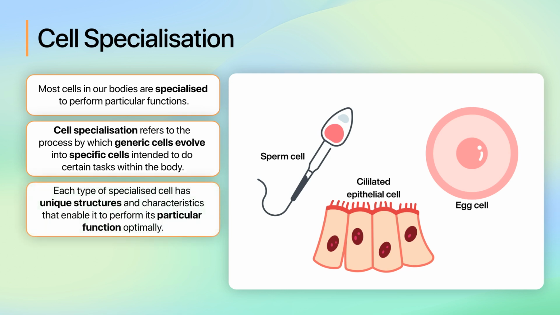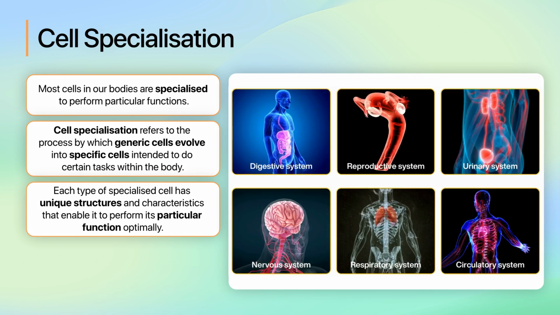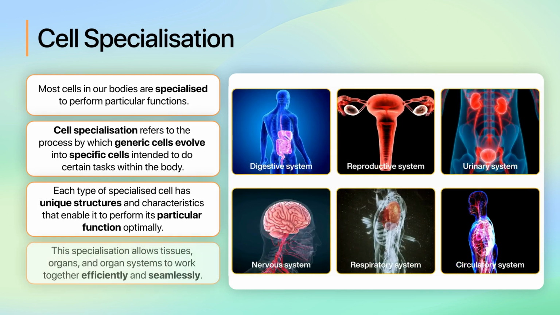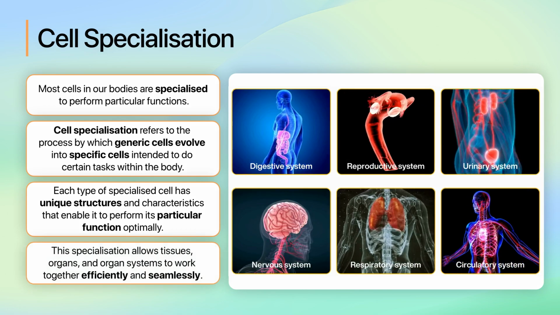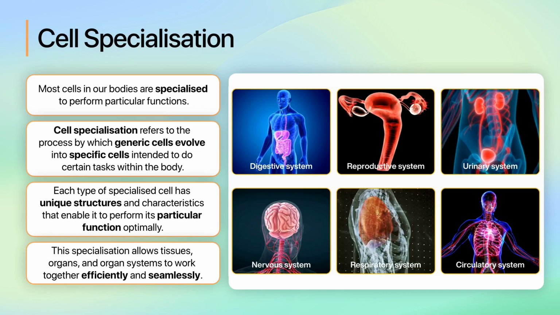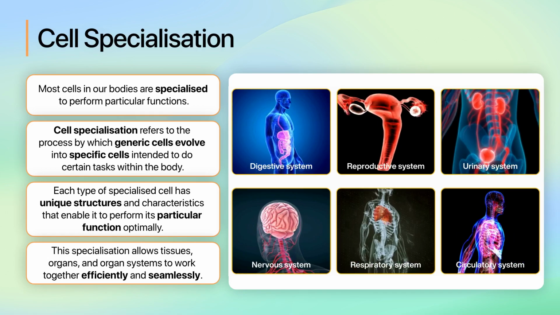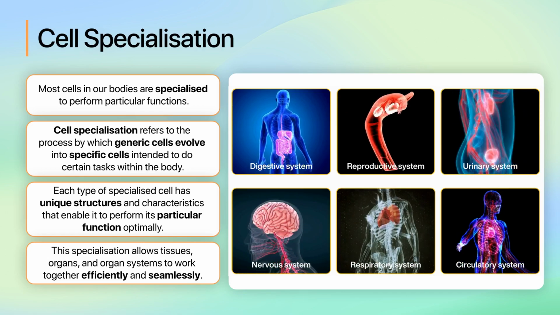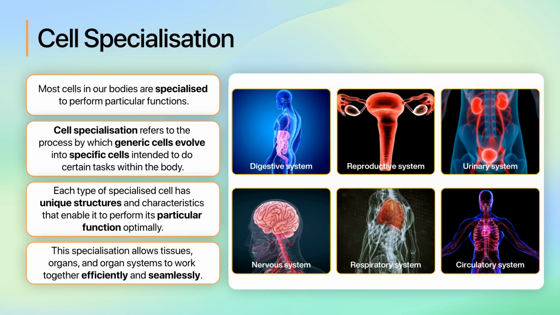Each type of specialized cell has unique structures and characteristics that enable it to perform its particular function optimally in different systems. This specialization allows tissues, organs, and organ systems to work together efficiently and seamlessly. Now, let's take a closer look at three examples of specialized cells.